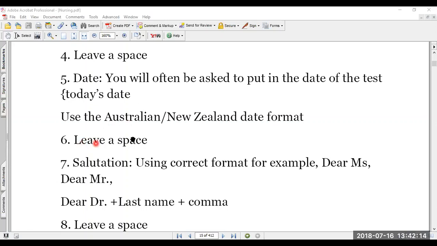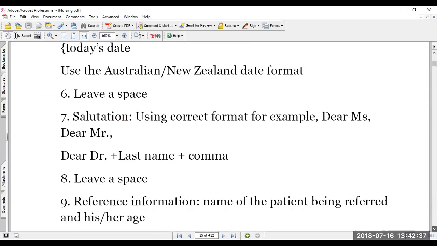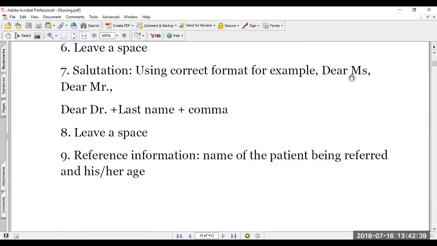Once the date has been written, again leave one blank space. And then comes the salutation. When it comes to salutation, you need to write Dear Miss and the last name of that person.